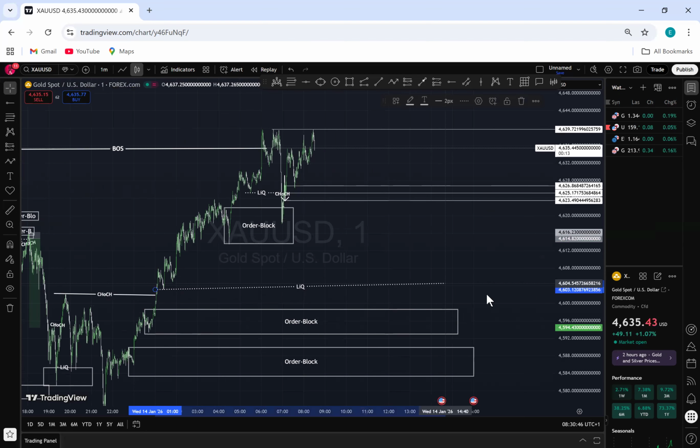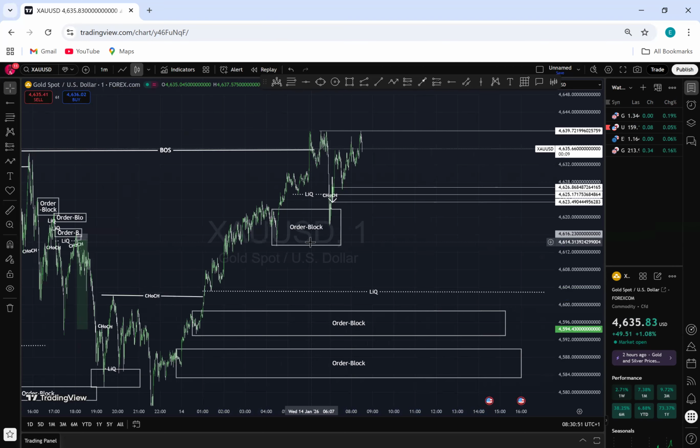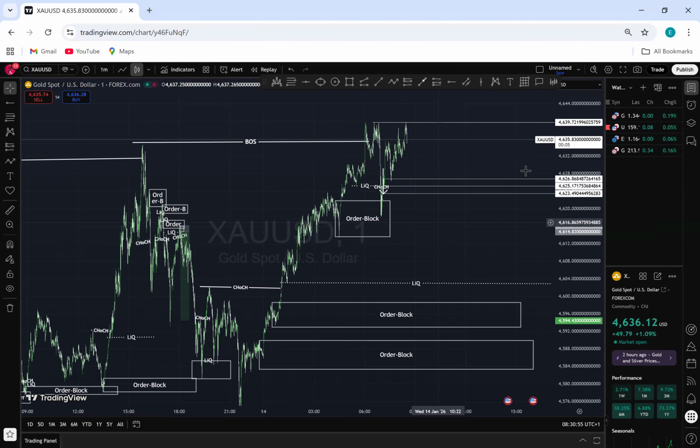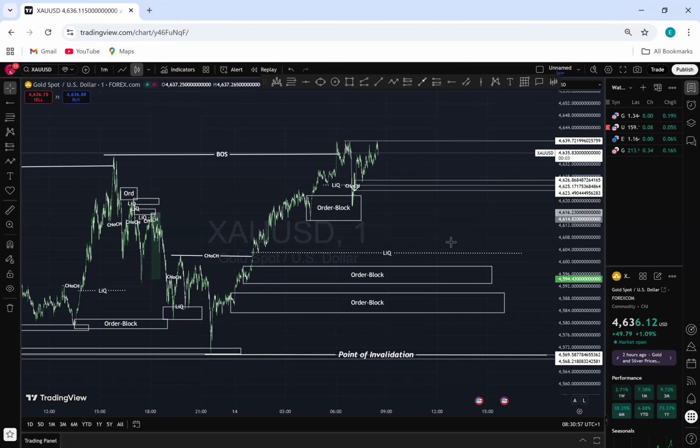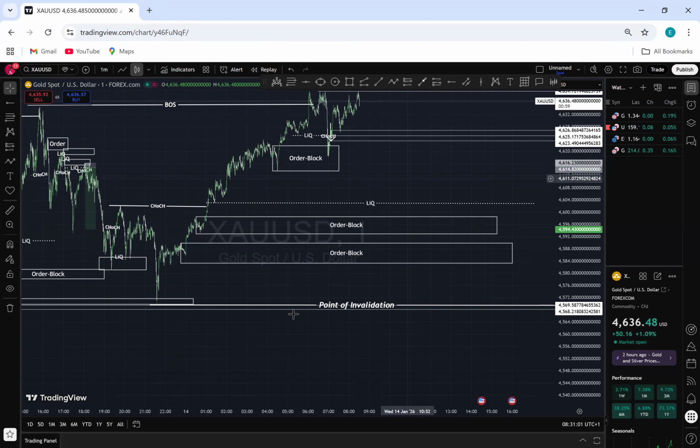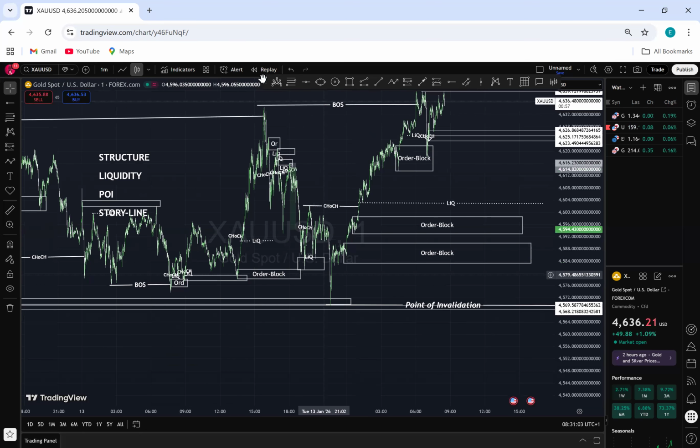Any of these areas. So let's wait and see what price does. Are we good? So we are still maintaining the order flow in doing this. Please, does anybody have a question?